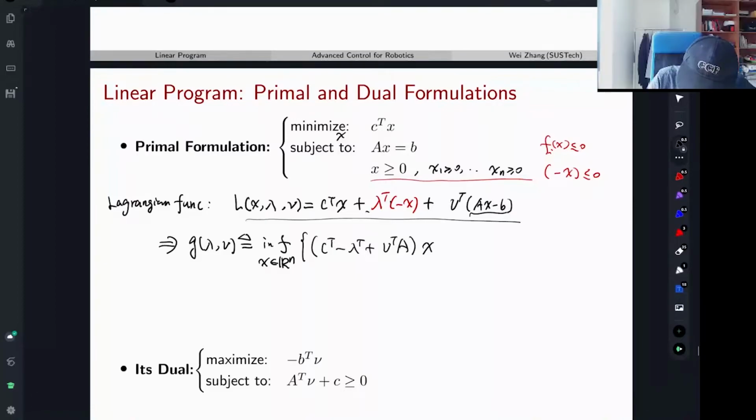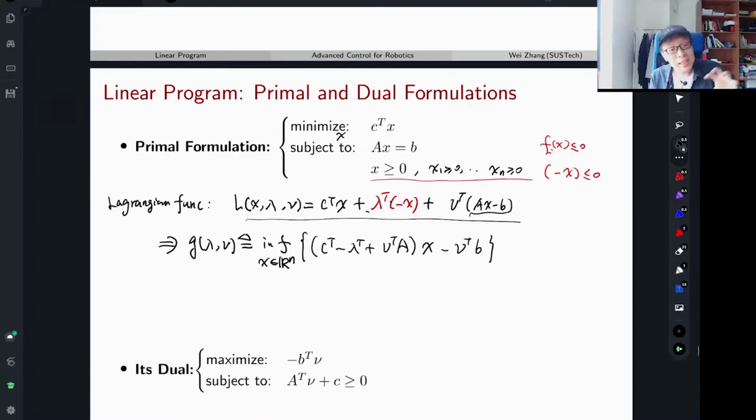There's also a constant term which does not depend on x, which is negative nu transpose b. I directly copied the definition; I haven't solved it yet.